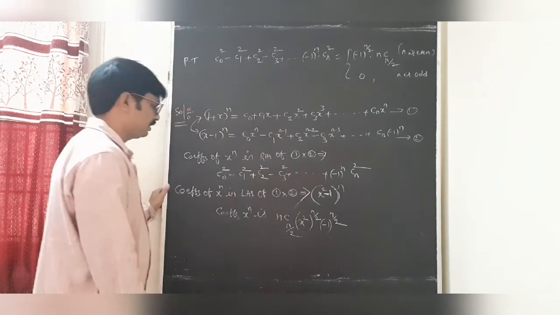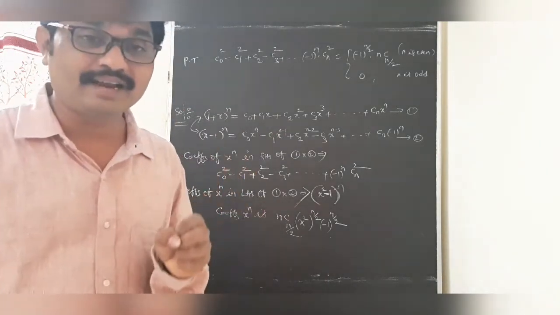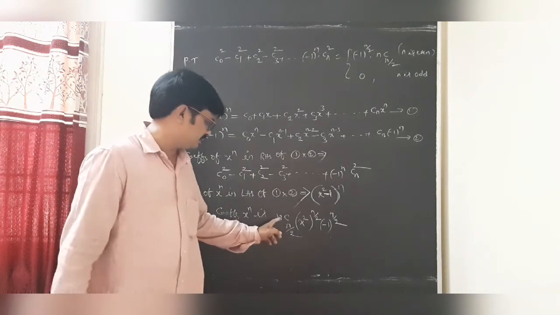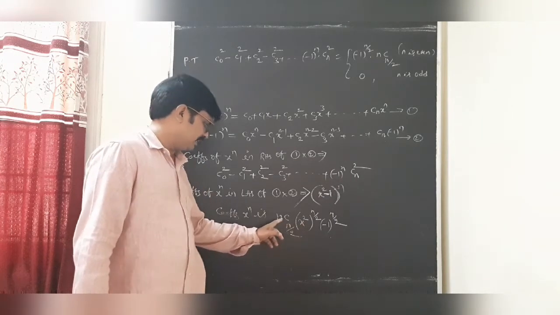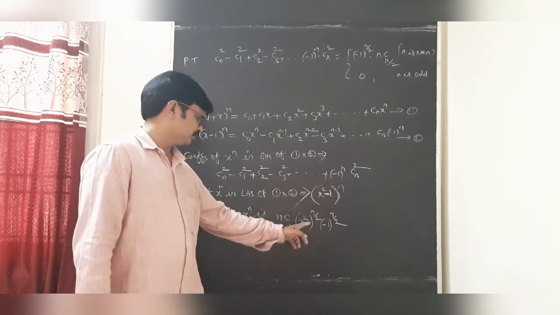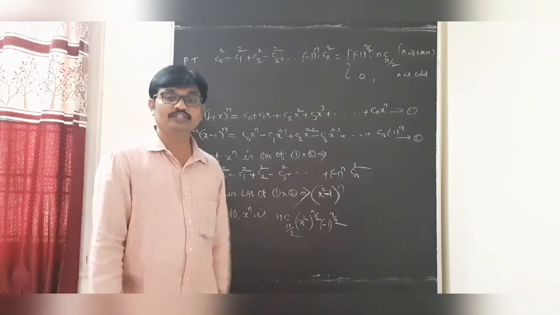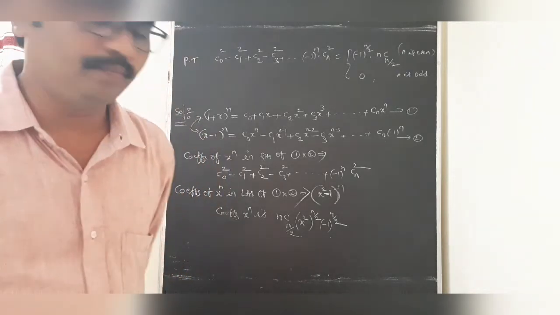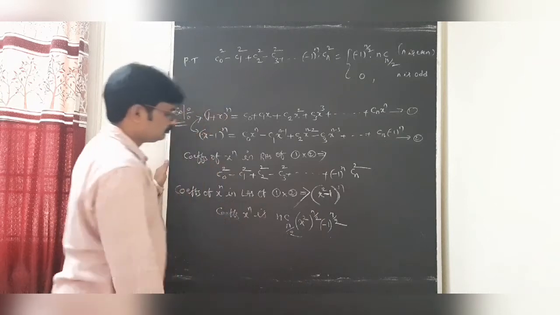Is it clear students? How can we write? The TR plus 1 is the NCR x power n minus r y power r. Similarly, the NC n by 2 is the x square n minus n by 2. N minus n by 2 is the n by 2, minus 1 whole power n by 2, by using the general term. TR plus 1 is NCR x power n minus r y power r. So students, here 2 cancel.